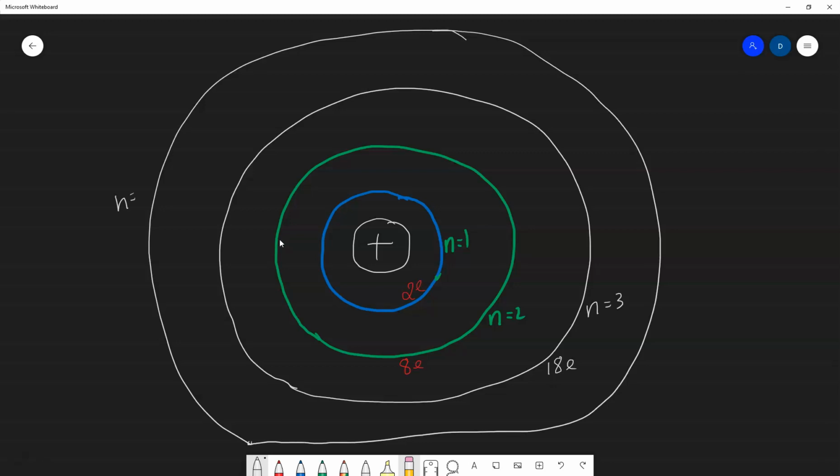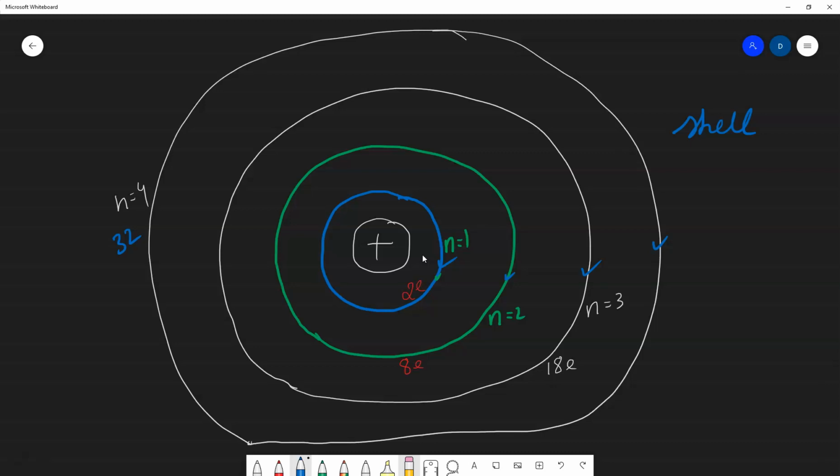This is n is equal to 4. The maximum number of electrons in this fourth orbit will be 32. So instead of calling these circles an orbit, they named it a shell. Now this is the first shell, this is the second shell, this is the third shell, this is the fourth shell.